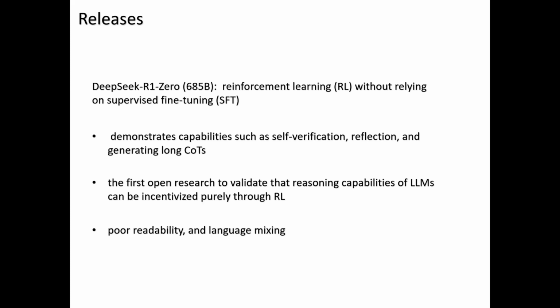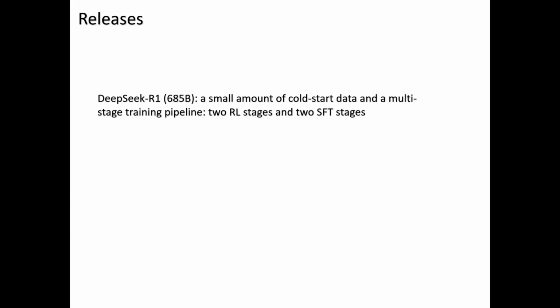To address this, they developed an improved version called DeepSeek R1 without the Zero. It utilizes a small amount of cold start data and a multi-stage training pipeline, including 2 reinforcement learning stages and 2 supervised fine-tuning stages. So this model overcomes the weakness of R1-Zero and achieves better reasoning and general purpose performance.